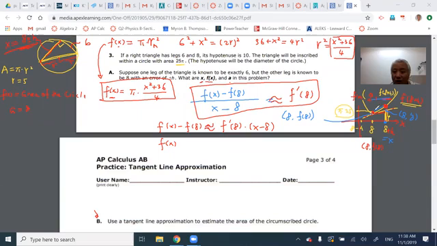If it's exactly equal, this one should be the slope of the secant line. But right now, we're using the slope of the tangent line. So this will be approximately equal to f'(8) times (x minus 8) plus f(8).